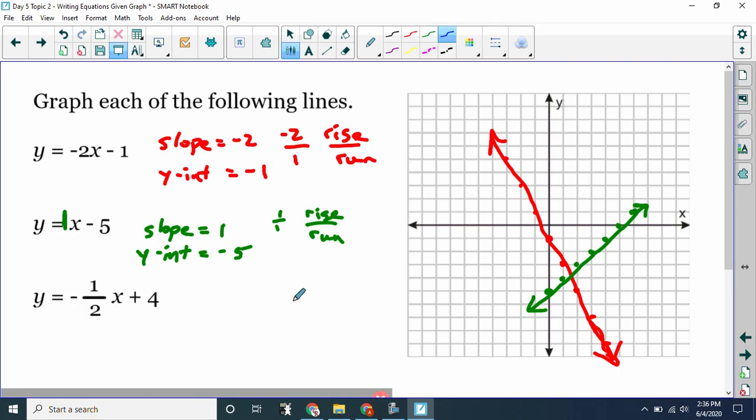Y equals negative 1/2 x plus 4. So the slope is negative 1/2, and my y-intercept is 4. This negative sign right here, you can either make the top negative or the bottom negative, but you don't want to make both of them negative.